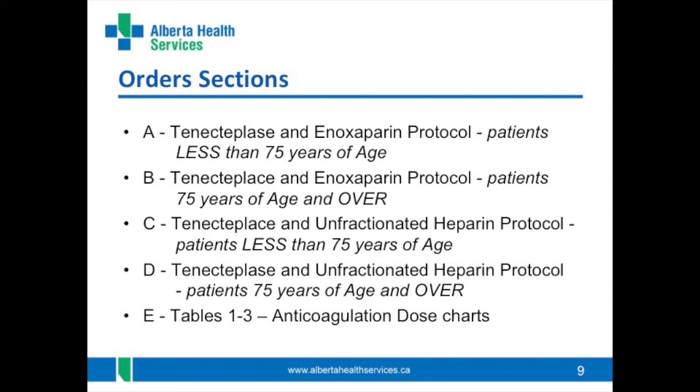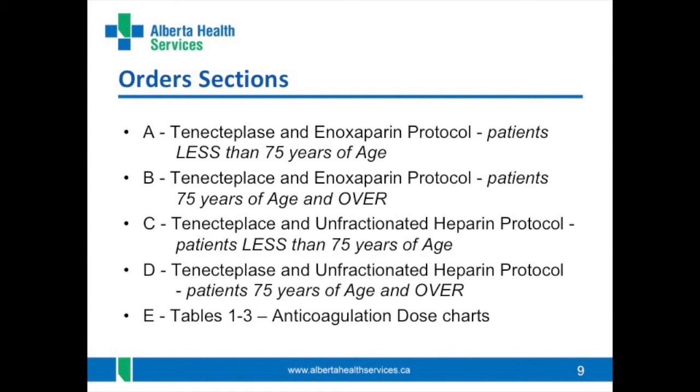This order set really does differ from prior order sets in that we have now tried to stratify our ST elevation MI patients based on age in terms of the use of fibrinolysis. That's where this division comes into play, and I'll walk you through that shortly.